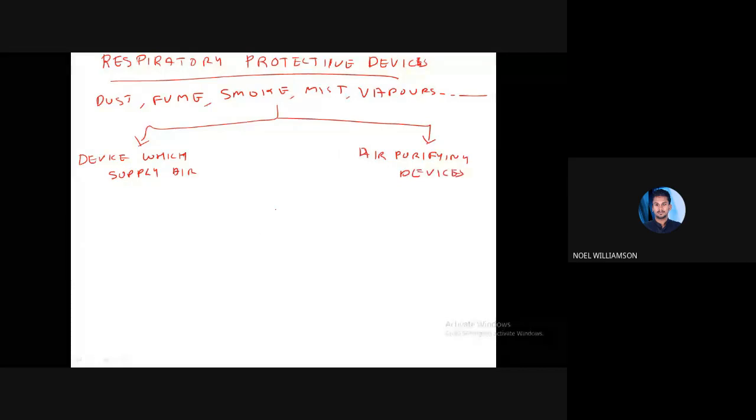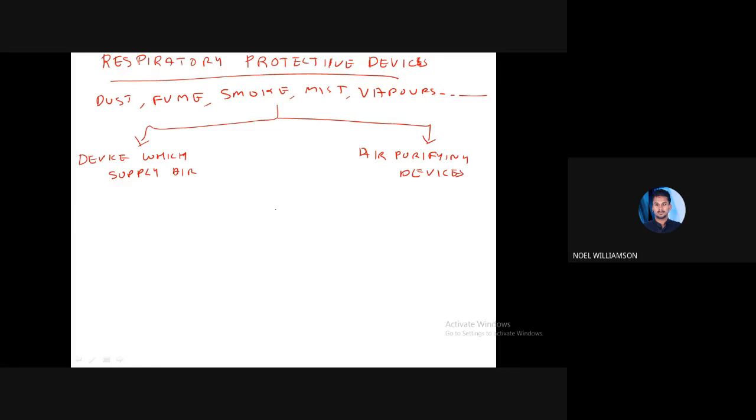So in the first case, there are devices which supply air. That means there are certain devices which supply fresh air to the person in demand.